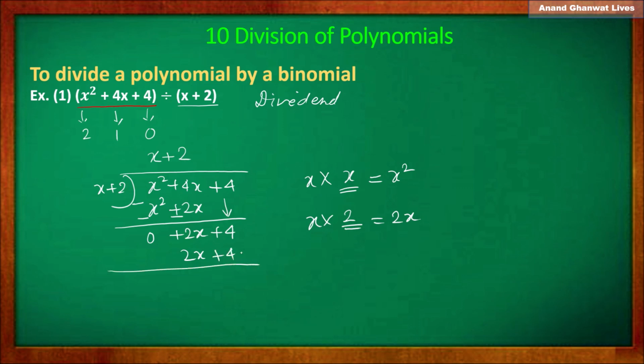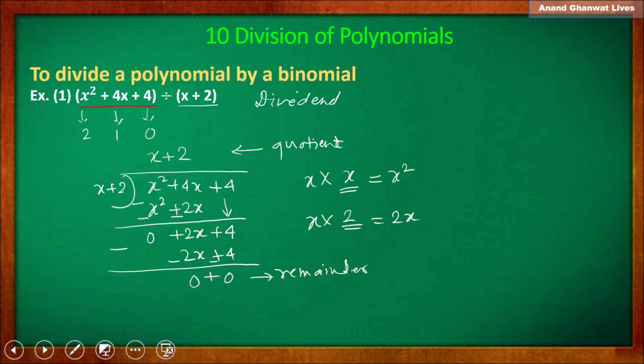Now while you are subtracting, you have to change the sign of each term. 2x minus 2x, that is 0, and 4 minus 4, that is also 0. So finally the remainder is 0 and the quotient is x plus 2.